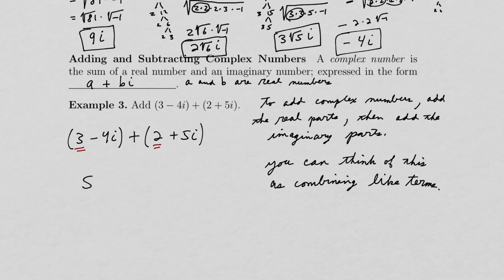And then I add the imaginary parts. Negative 4i plus 5i, that's going to be a positive, right? Negative 4 plus 5 is positive 1. So it's plus 1i, but then we never write the 1, right? I can just write this as 5 plus i. So that would be the sum of those two complex numbers.